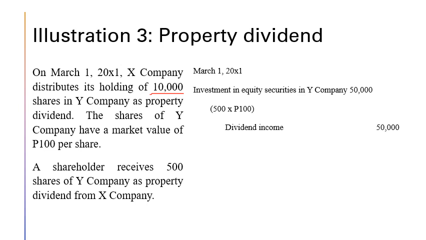So as you can see here, instead of receiving cash, ang na-receive ng shareholder ay yung investment. Okay, so this time, since natanggap niya yung investment, siya na ngayon ang investor in Y company. So this is, again, another form of dividend, which is in terms of property.